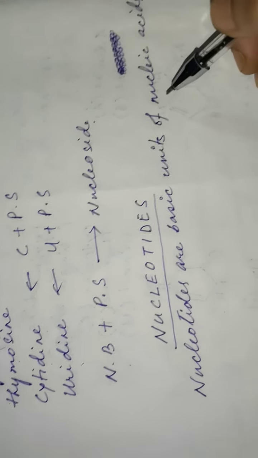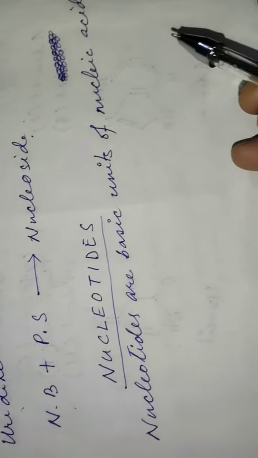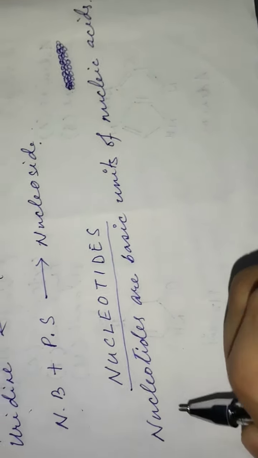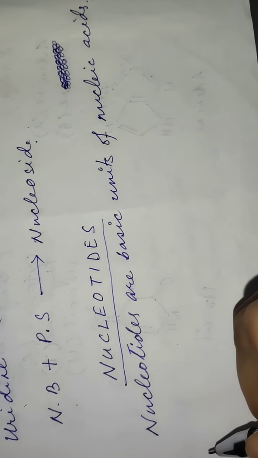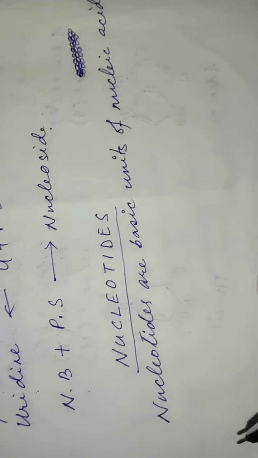Now how is a nucleotide formed? A nucleotide consists of a nitrogenous base, a pentose sugar and a phosphate.